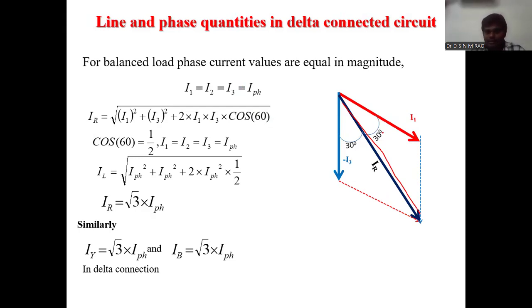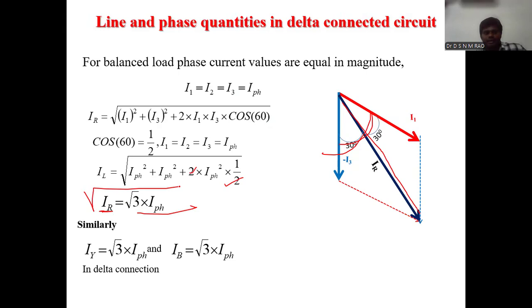Here a is I1, b is I3, and 2ab is 2 I1 I3 cos 60. For a balanced system, substituting I phase: the square root of I phase square plus I phase square plus 2 I phase square into 1 by 2. The 2 gets cancelled. Finally, line current equals root 3 times the phase current.